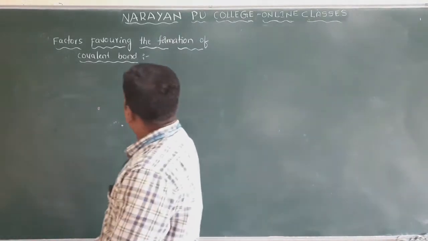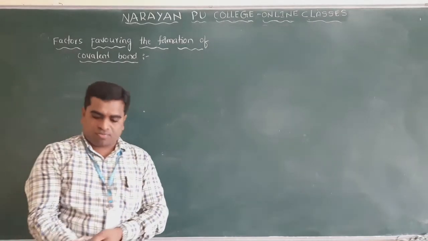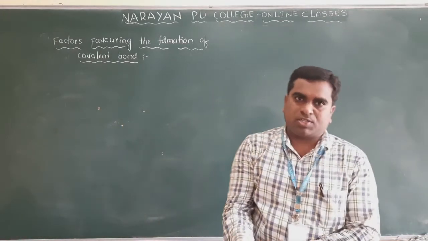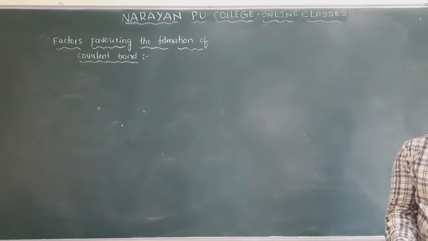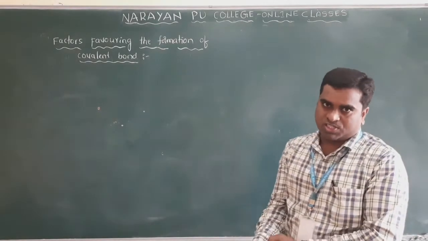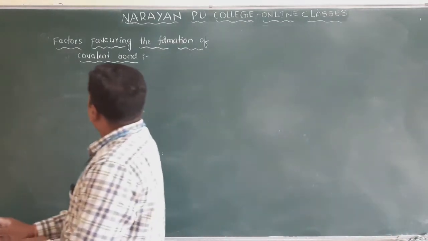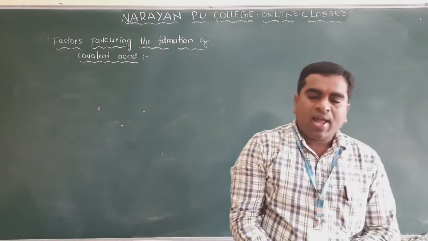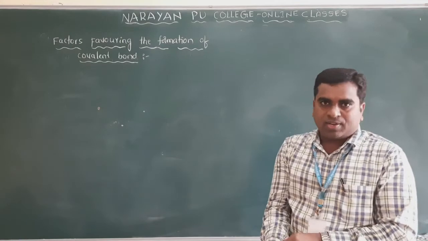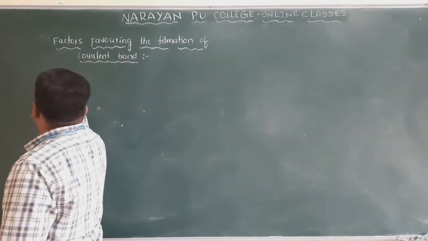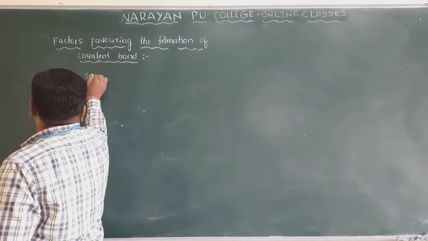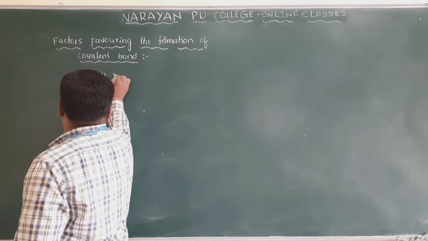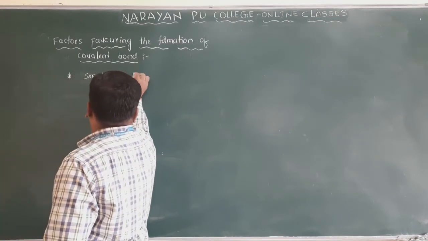Now next one, factors favoring the formation of covalent bond. Very important concept, this is for competitive exams. Many times they ask questions based on this concept. First I will write the factors favoring the formation of covalent bond, and after that I will explain. The first one is small size of cation.